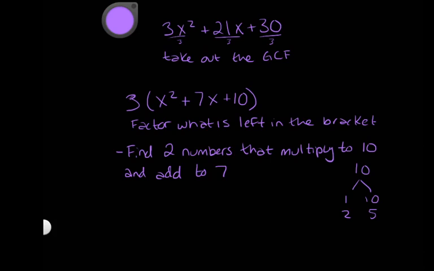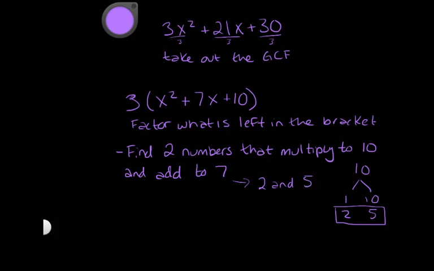But if I add those numbers, 1 plus 10, I get 11. So that doesn't work. 2 times 5 is 10. And 2 plus 5 is 7. So these numbers work, right? The numbers are 2 and 5, that give us 7.